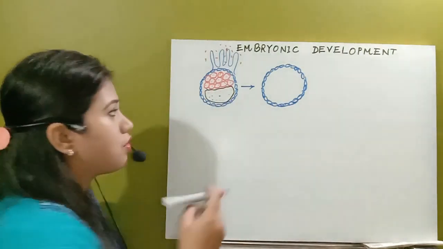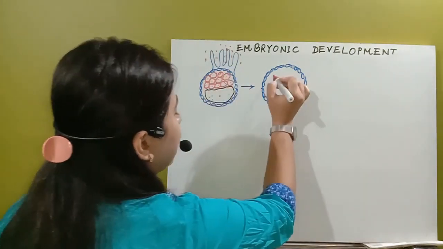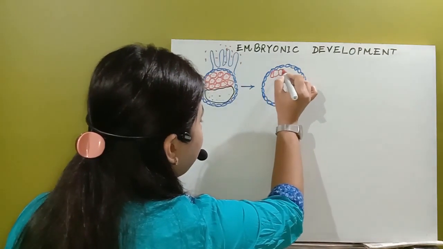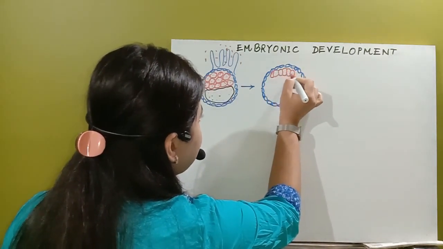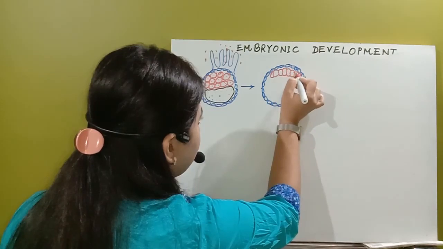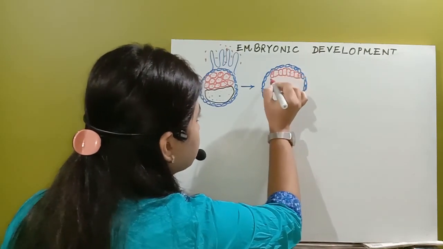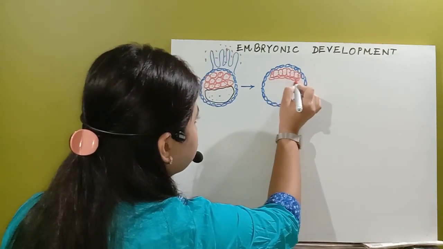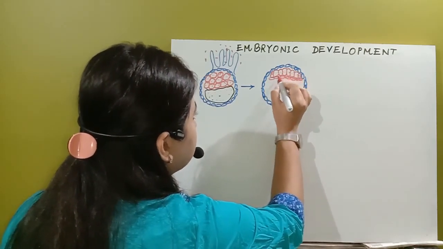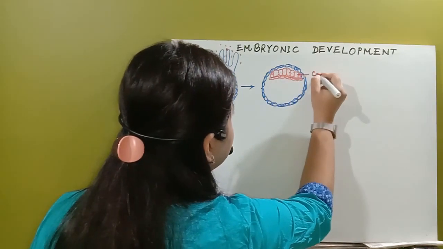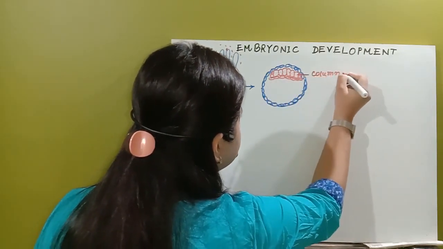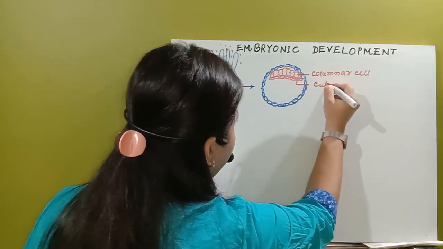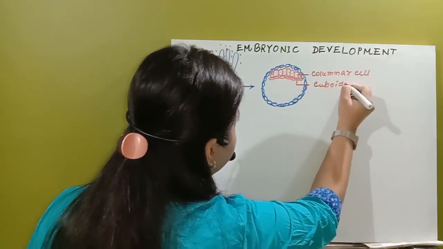See, first of all, these cells, the inner cell mass, will form a layer of columnar cells. They are known as the columnar cells. And just behind that, a layer of cuboidal cells will be formed.